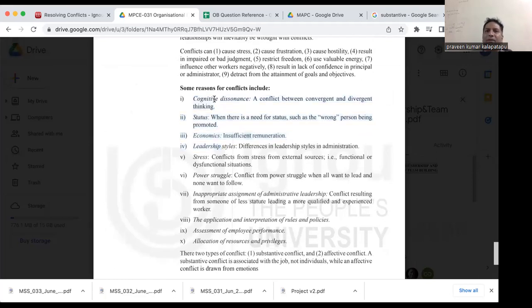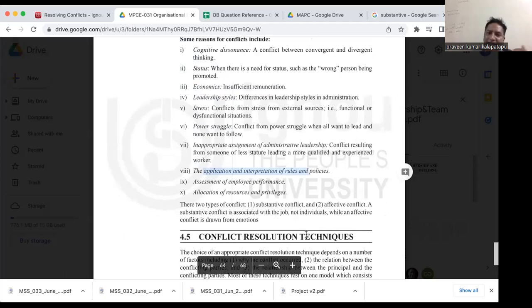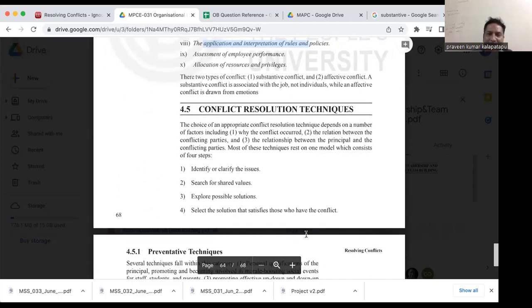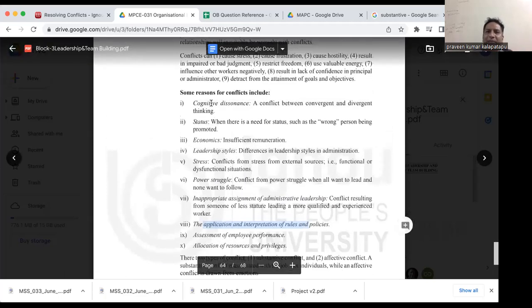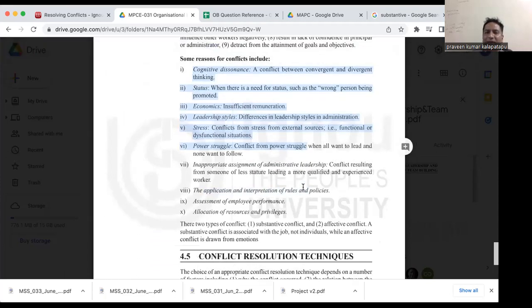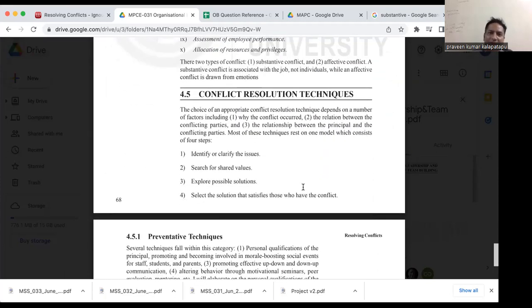Okay, so it's because there is a conflict between convergent and divergent thinking, status, economics, leadership styles. You have stress, power struggle, inappropriate assignment, application and interpretation of rules and policies, allocation of resources and privileges. So these are all some reasons for conflict. Okay.